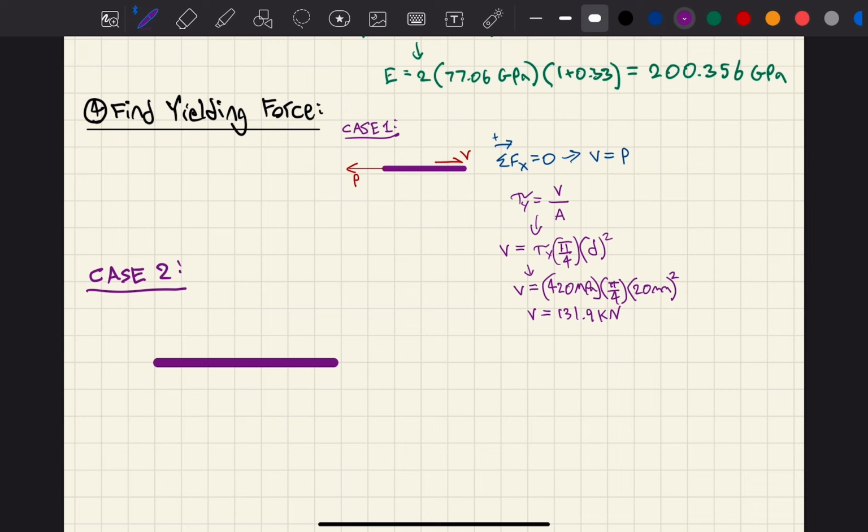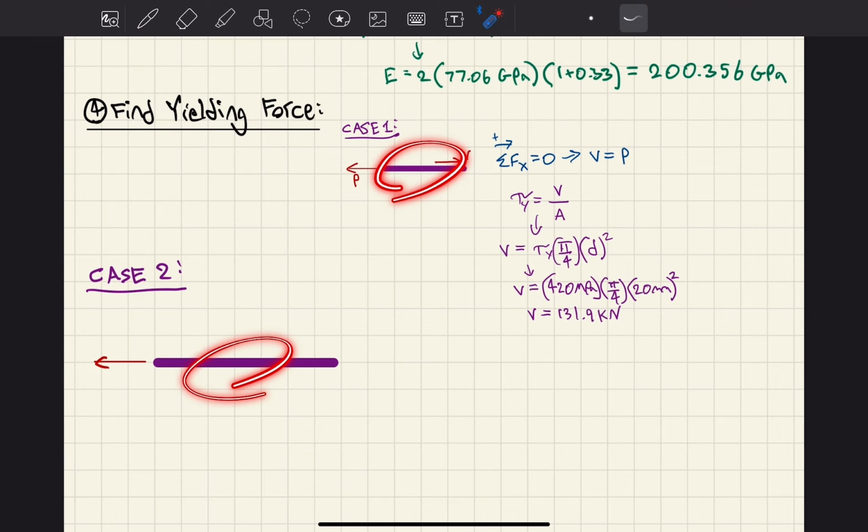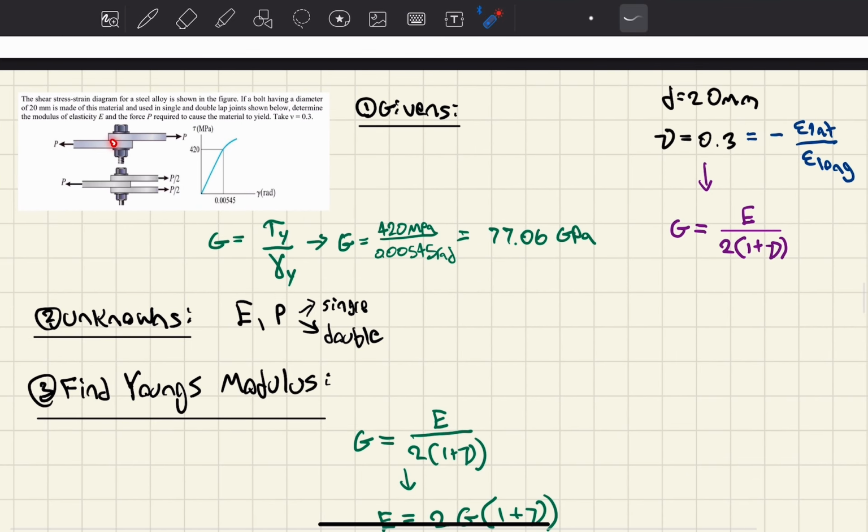And in this scenario, we still have our force P, and these are the forces. I may draw it like this, but in reality, I'm looking at this bolt, at what's happening at this cross section. I have, again, this force P, and then I have a shearing force in this case. But how about over here, when I look at this joint right here?